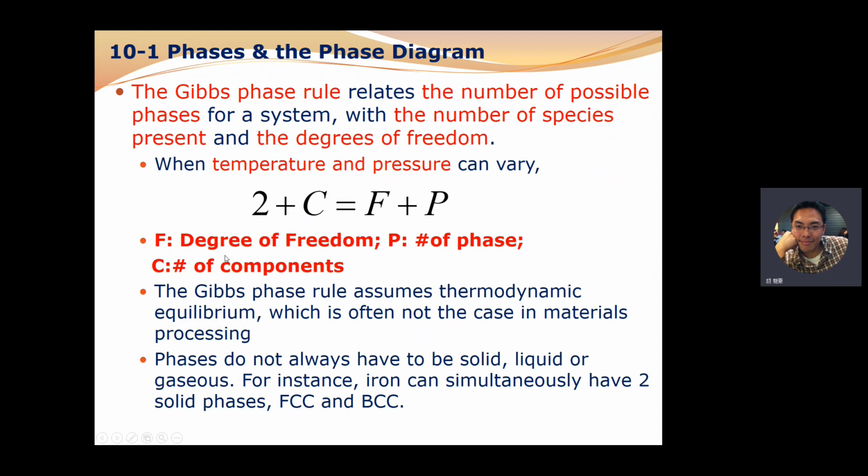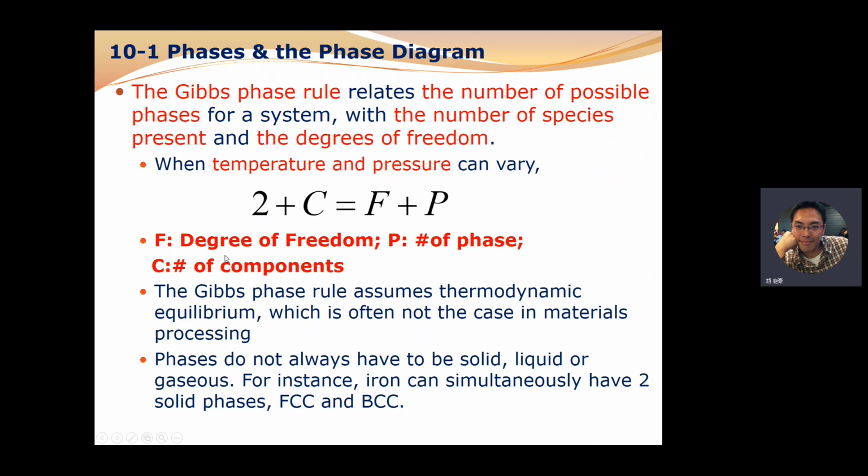So I will introduce you to a rule called the Gibbs phase rule that relates the number of possible phases for a system with the number of species present and the degrees of freedom.